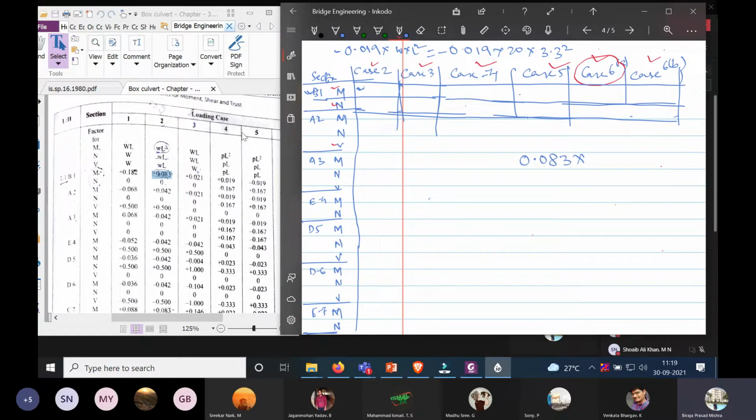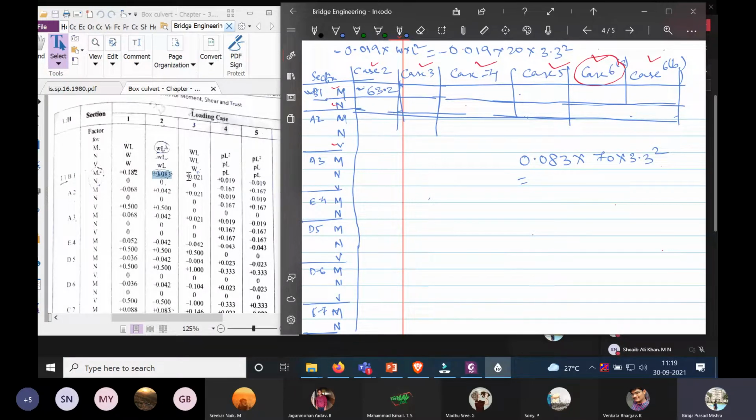That is the total load, it is coming as 70, into L square, where the length L is 3.3 squared. If you calculate that, it will come as 63.2.